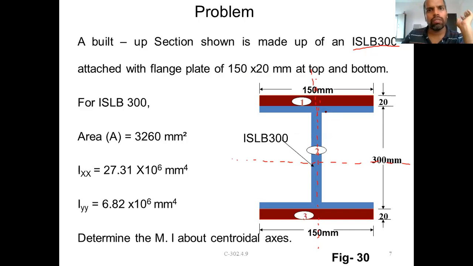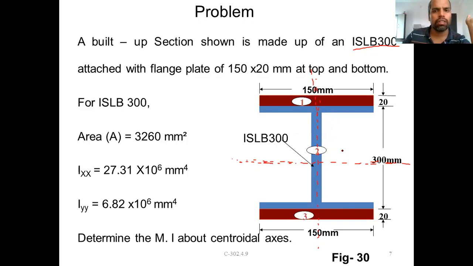If the section is symmetrical about both axes, which calculation becomes very easy? Just think about it. Yes, your centroid calculation becomes much easier. By seeing the figure itself we can say where the centroid lies.